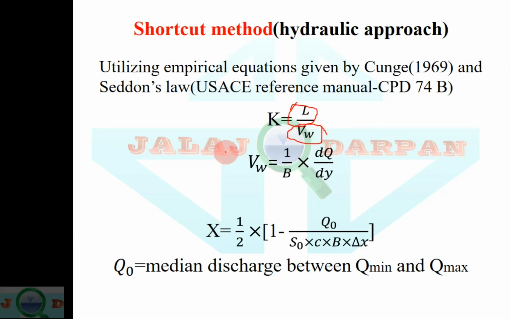For flood wave velocity, the equation is 1 upon B into dQ by dY. B is the top width of the channel.